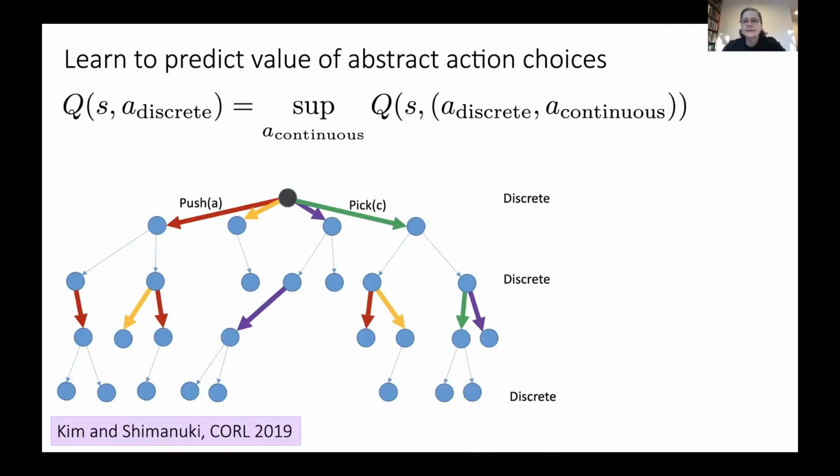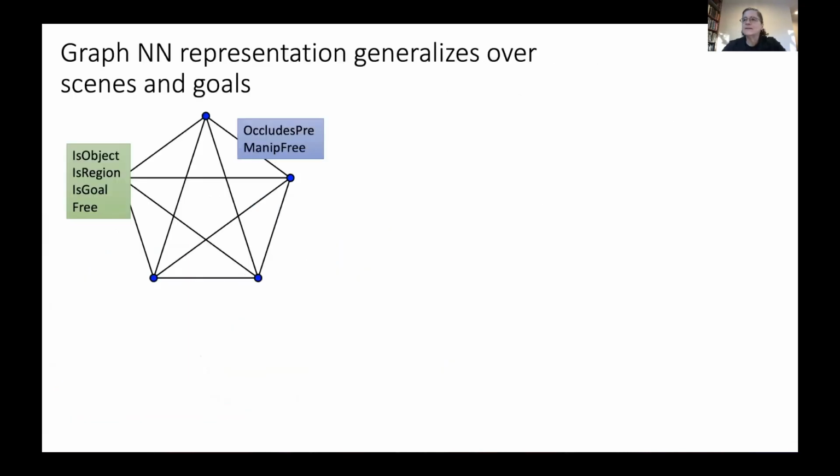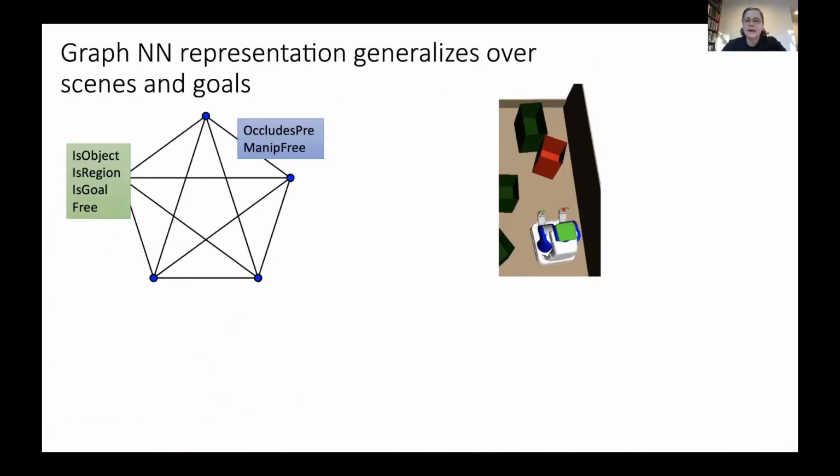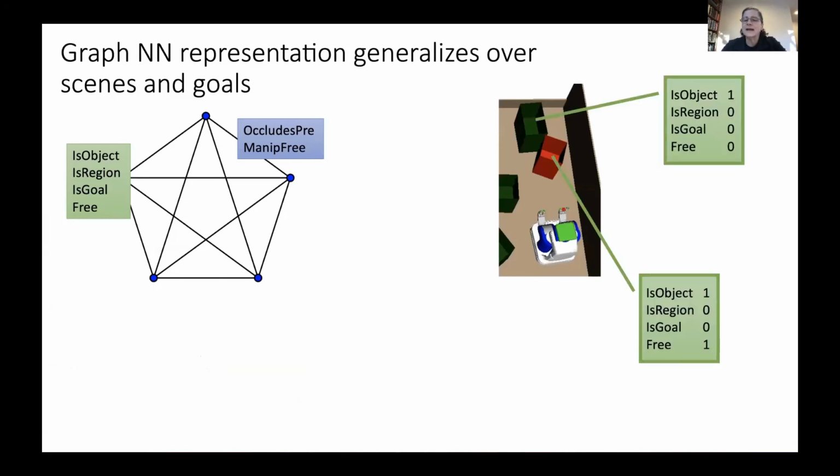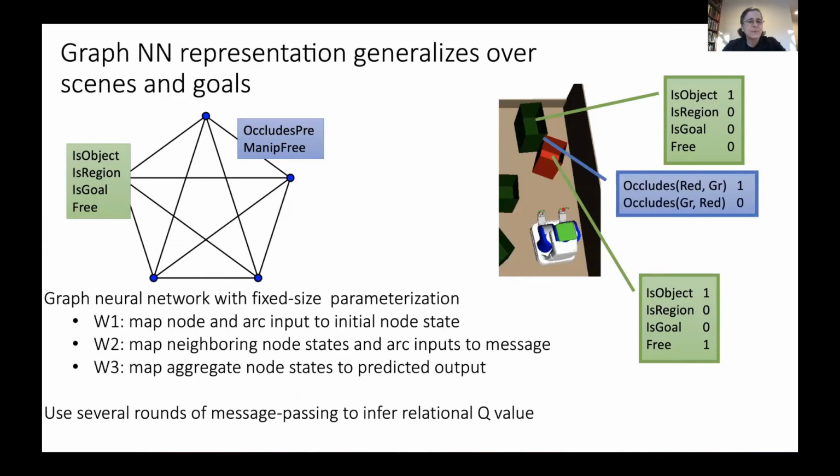We do this by learning a Q function at an abstract level that helps it decide among the discrete actions. And we learn this abstract Q function by a combination of graph neural networks and some hand-designed logical predicates that pick out the structure of the graph in the graph neural network.